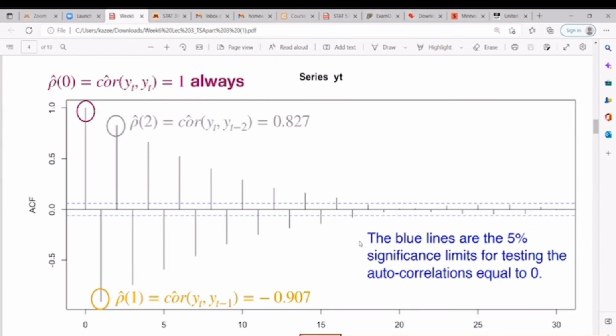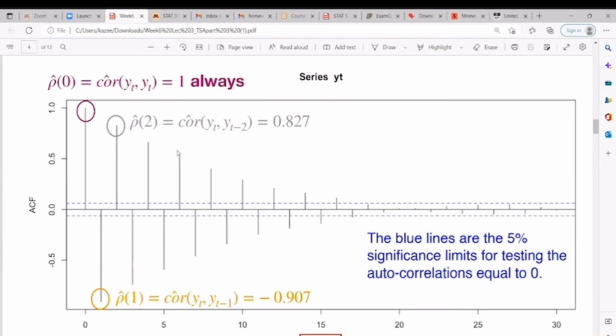The blue dotted lines are the 5% significance limits for testing whether the autocorrelation equals 0. You can see here that the majority of these are beyond that.